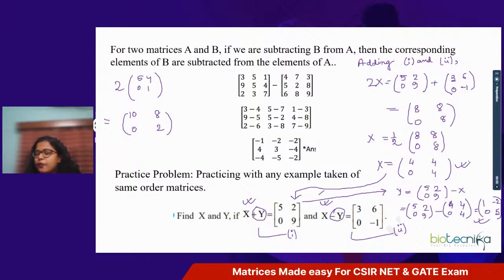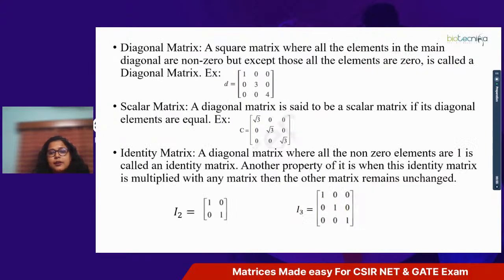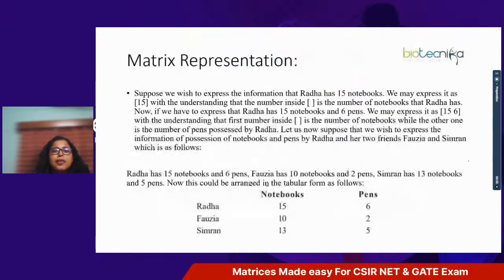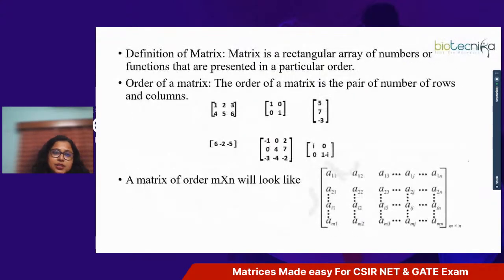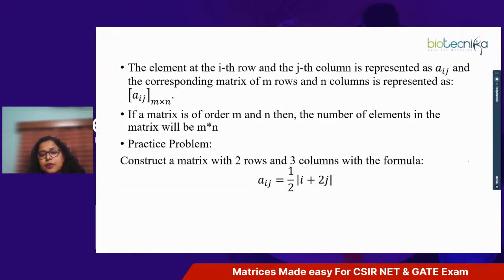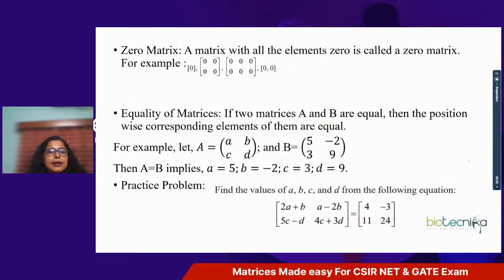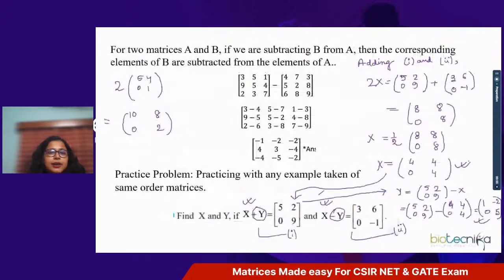So that was all for today. We just learned about matrix representations, type definitions, order of the matrix, the types of the matrix, and then the addition and the subtraction of matrices.